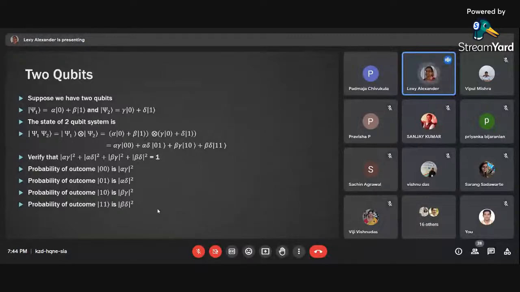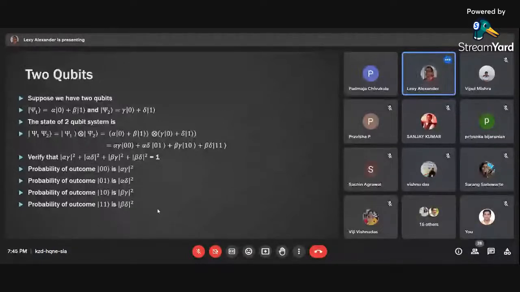Here you can verify the probabilities. When you have two qubits, there are four possible states. The first can be 0 and the second qubit can be 0, so that is the state 0 0. Then the first qubit can be 0 and the second qubit can be 1, so that is the ket 0 1 state.